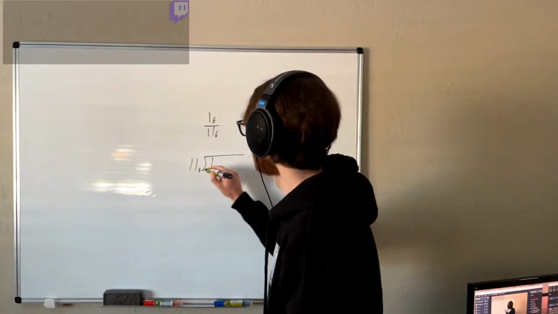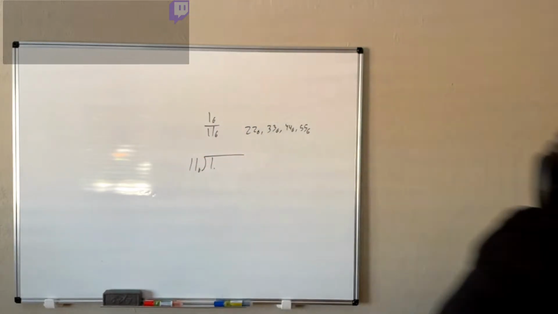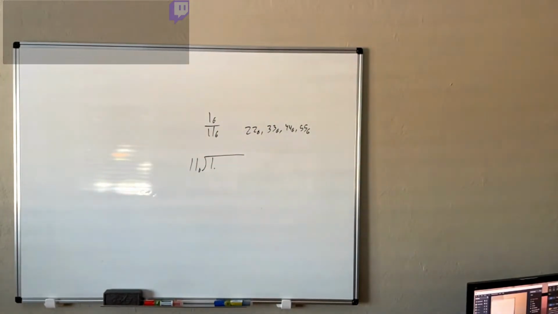Other way. Okay, how many zeros do you have there? 110. Oh, okay. 10 zeros?